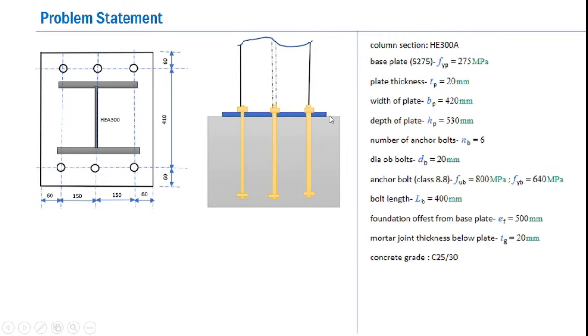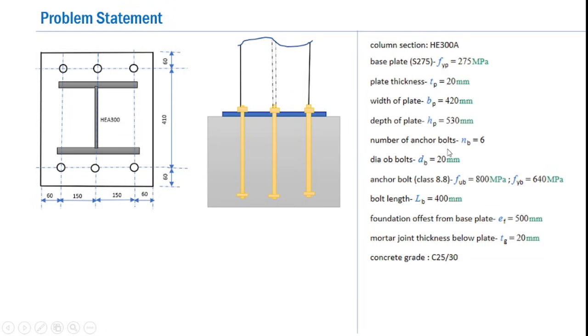The plate thickness is taken as a typical 20 mm. The width of the plate BP is 2 into 150 plus 60, that's equal to 420 mm, and the depth of the plate HP is equal to 410 plus 2 into 60, that is equal to 530 mm.